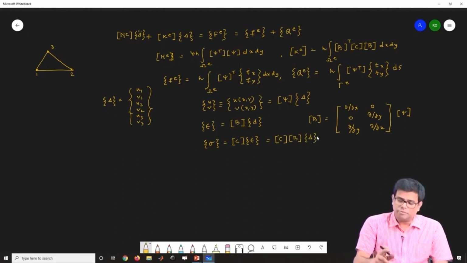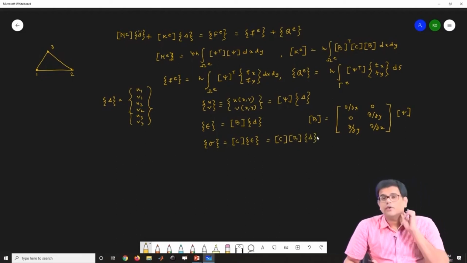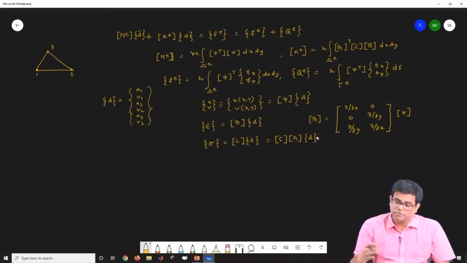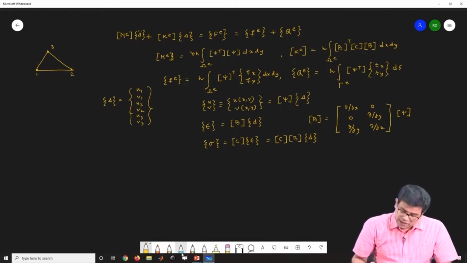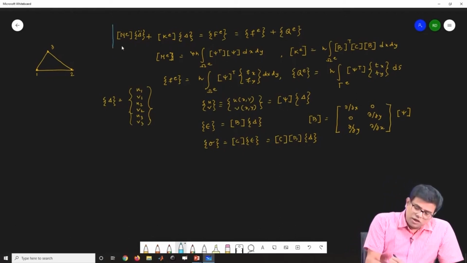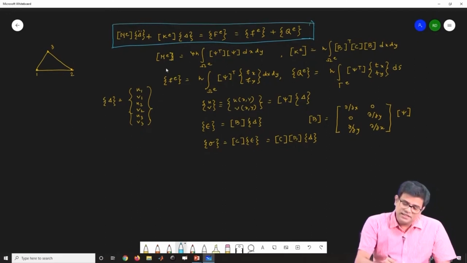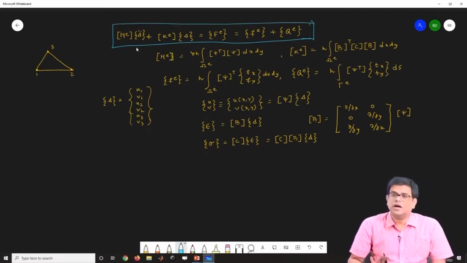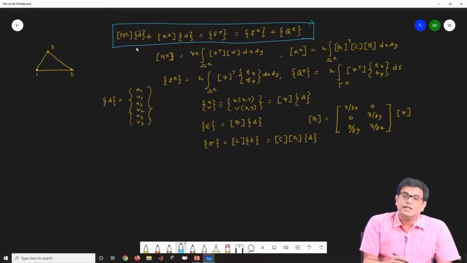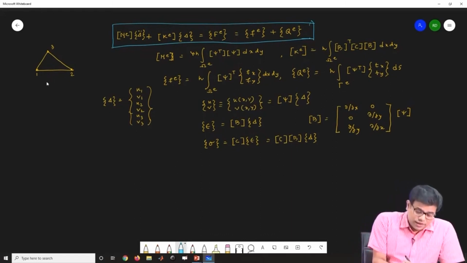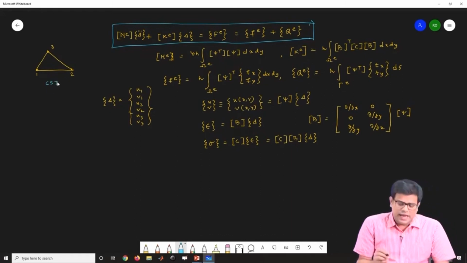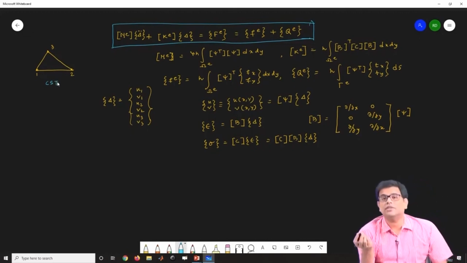You can replace these in the weak form, or in the virtual work statement, and considering the arbitrary variation you get this equation. The final equation is of this form. The computation of these matrices is very simple for the triangular element, the linear constant strain triangle, that is CST, because all the derivatives are constant.